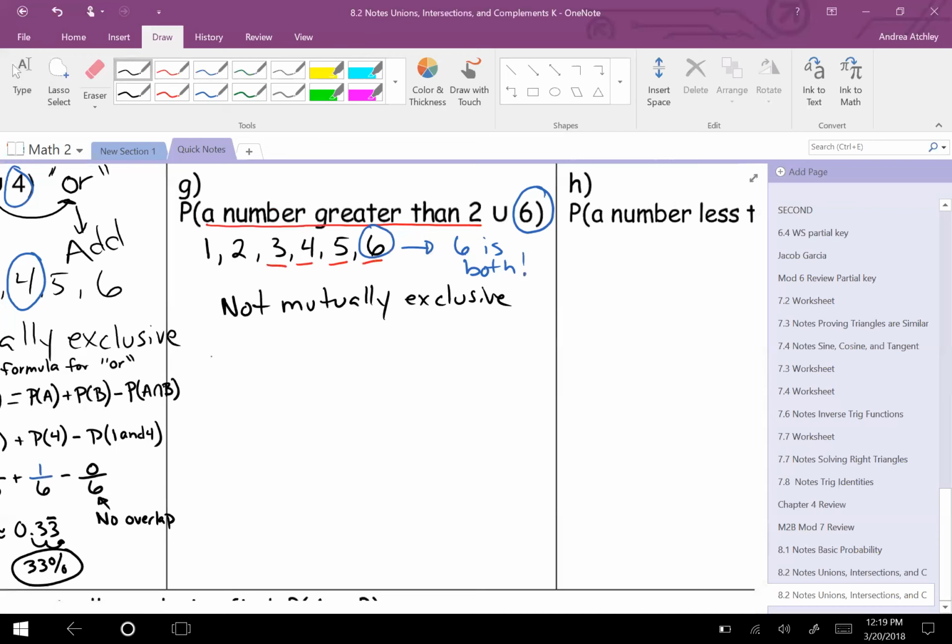So again, we're going to take the probability of me choosing a number greater than 2 plus the probability of me choosing 6. And then I have to subtract the probability of a number greater than 2 and 6. Does that make sense?